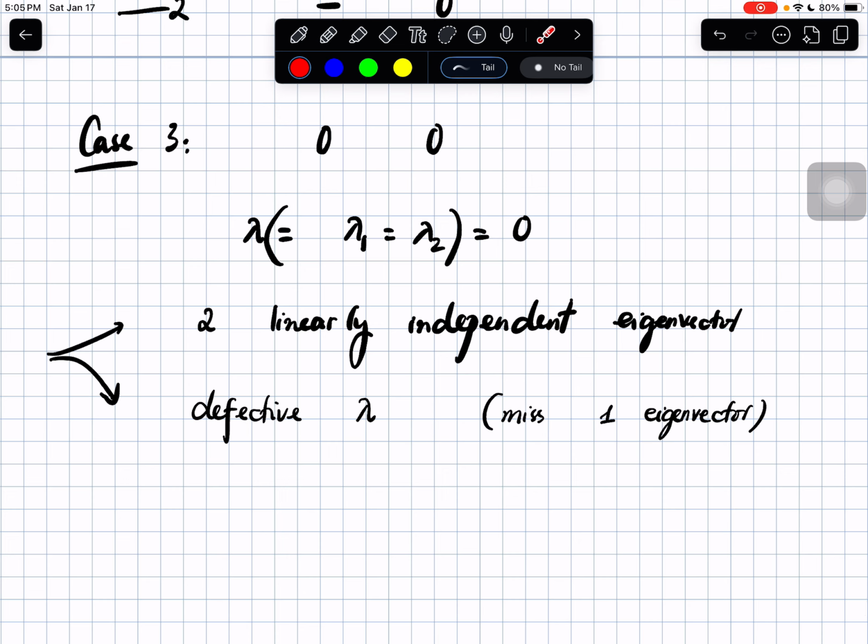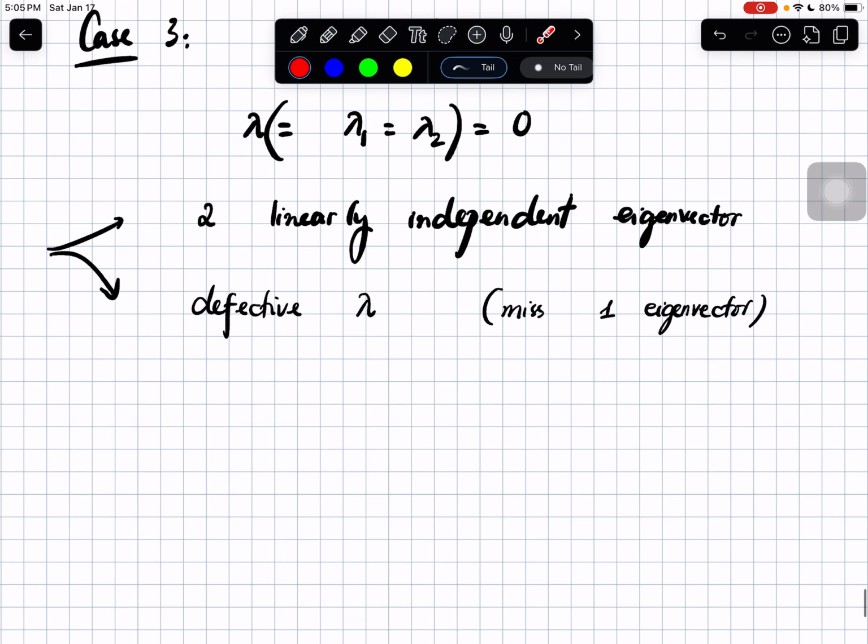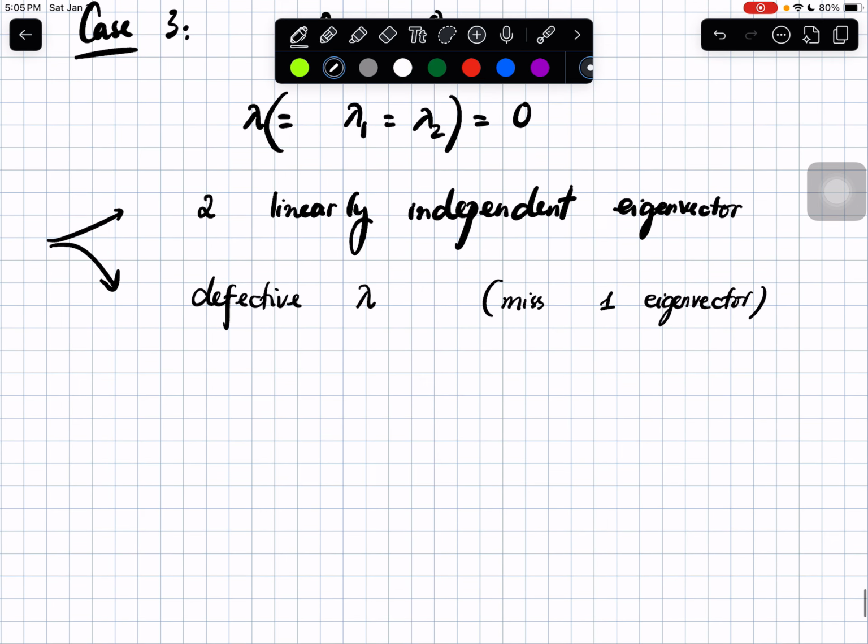Let's look at the first one first. The first case, 0 is an eigenvalue with algebraic multiplicity 2. The geometric multiplicity is also 2. In this case, matrix A is diagonalizable, similar to the 0 matrix.